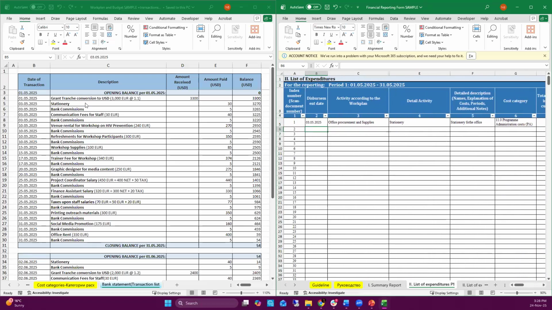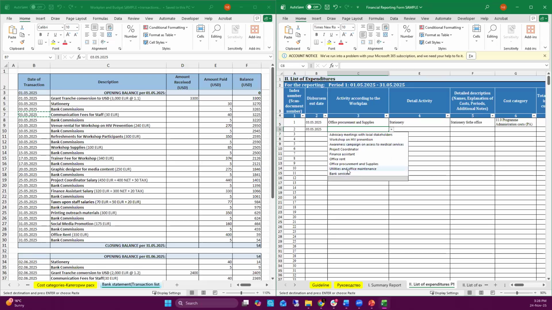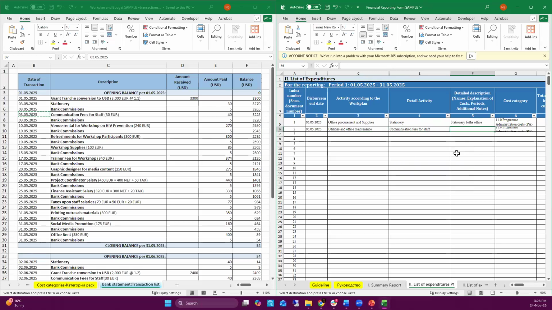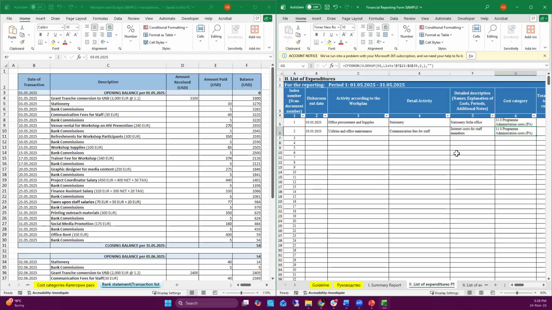Following the same principle, we take out all those expenses. What we have: communication fees for the staff. So once again, it's utilities and office maintenance. Communication fees for the staff. Let's say, I don't know, internet costs for staff members.